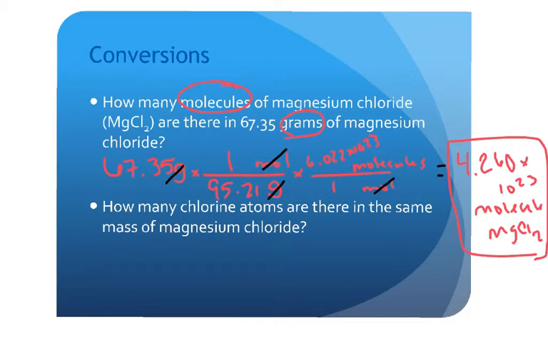A couple things I want to note before we move on. First of all, I got 4 significant figures in my answer. The only place I got that from is the 67.35. 95.21 also has 4 significant figures, but recall, we always round our molar masses to 4 significant figures just to keep our problem simple.